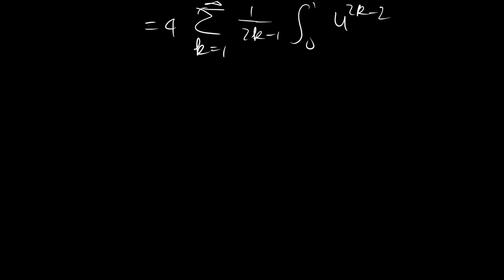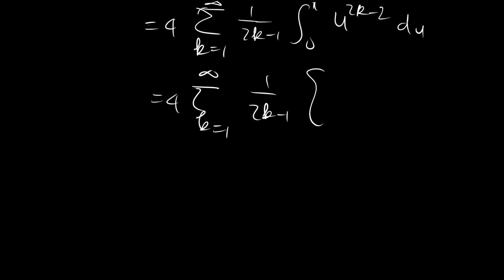Since our problem has gotten us to this, u to the 2k minus 2, this becomes 4 summation from k equals 1 to infinity of 1 over 2k minus 1, and then here we have u to the 2k minus 1 over 2k minus 1, from 0 to 1.